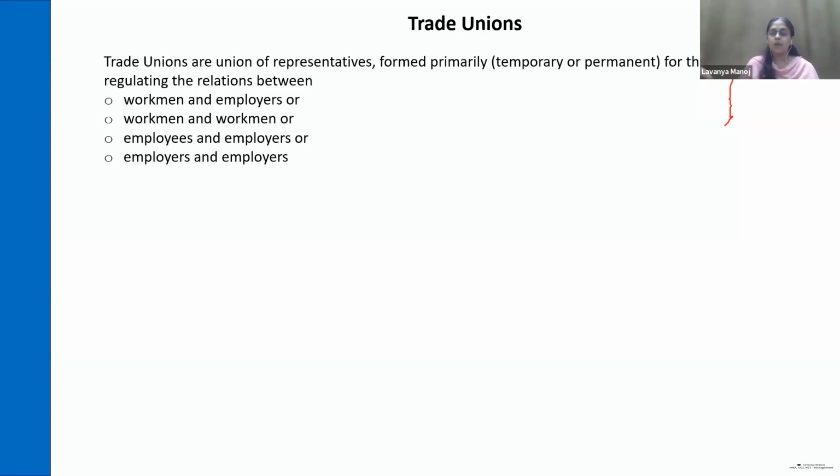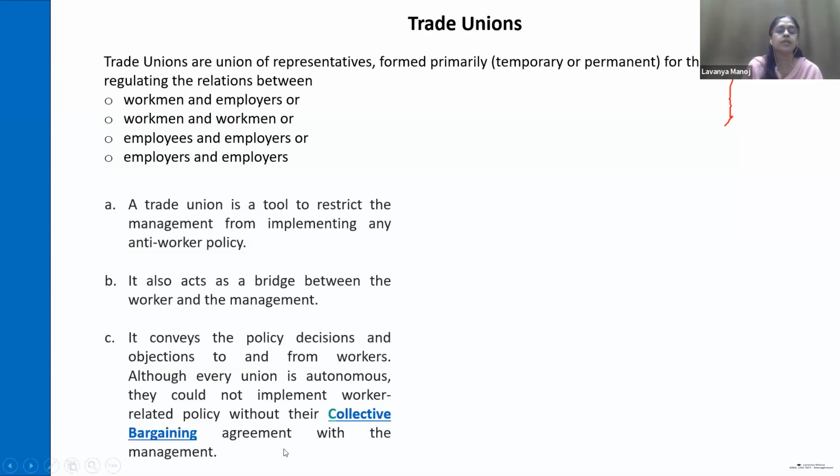Otherwise I'm going to lose my employees, all are going to come to your company, and I won't have any employees anymore to go on with the process. These kinds of disputes will arise, and finally the workers and employees get affected. To avoid those situations, even if there is a dispute between two different employers or organizations in the industry, the trade union steps in. This is for the good of the employees.